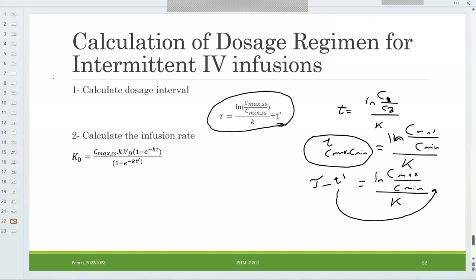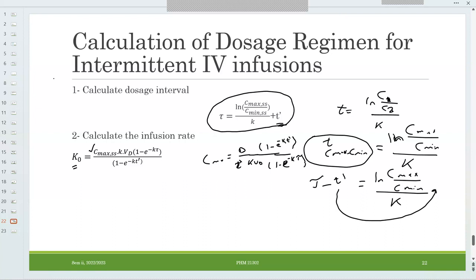And how to calculate the infusion rate? The same previous equation for calculation of Cmax at steady state. We just rearrange it so that we get K0 in the Y position that we want to calculate. So previously it was Cmax equal to D divided by T prime times K times VD, with the fraction containing tau.